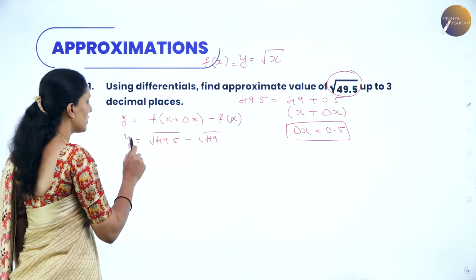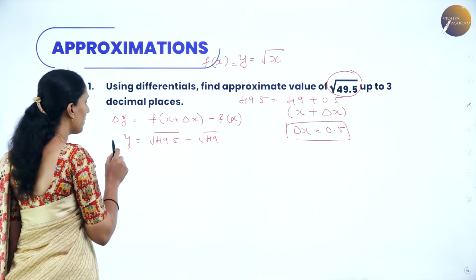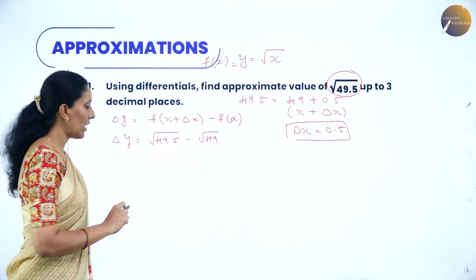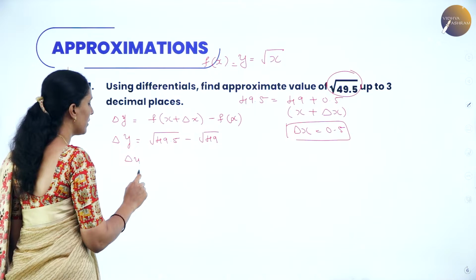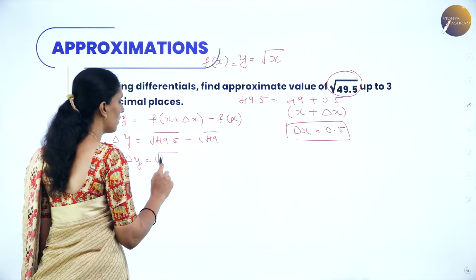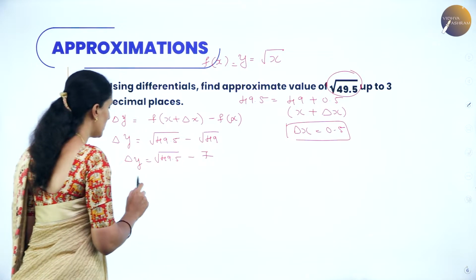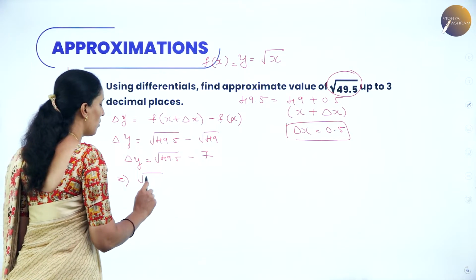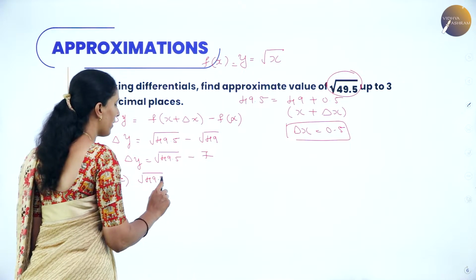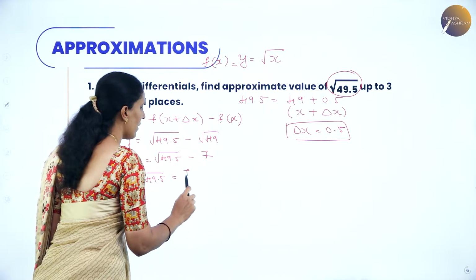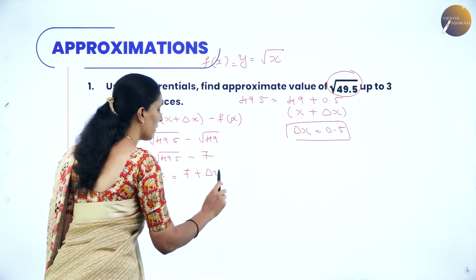So here this is the increment in y, so we will write it as delta y. Now delta y is equal to root 49.5 minus 7. So this implies root 49.5 is equal to 7 plus delta y.